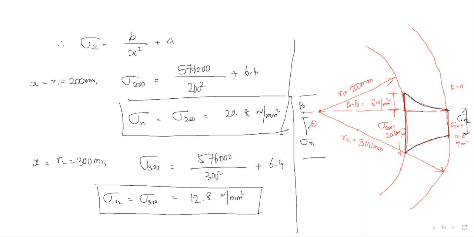So this is our internal pressure and stress distribution. This is internal stress and this is outer stress. So this is our stress diagram. Did you get it? Thank you all.